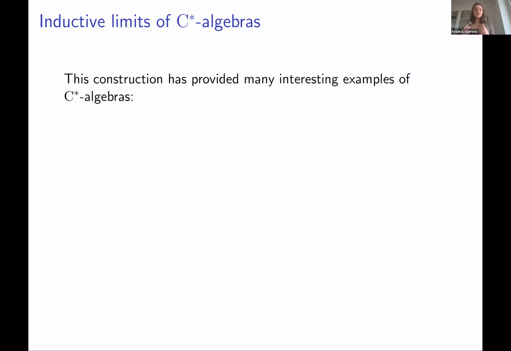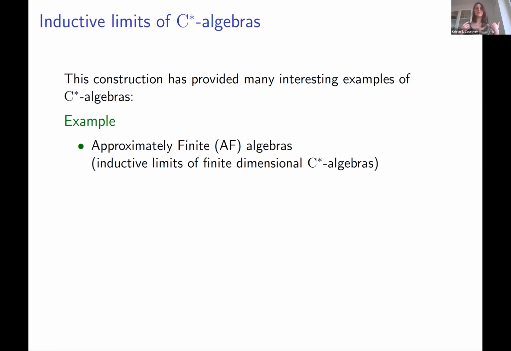Now, this is a very important construction in the area of C-star algebras, and one reason is that it has provided a lot of interesting examples. For instance, approximately finite C-star algebras, which arise as inductive limits of finite dimensional C-star algebras.